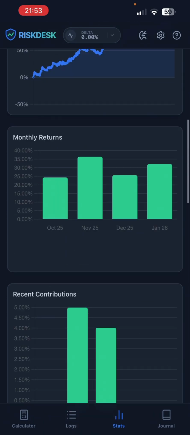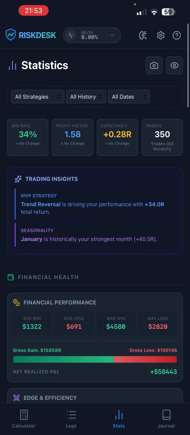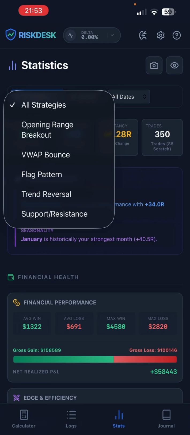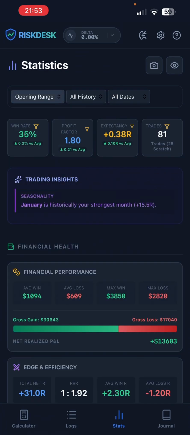Now, all good statistics, but what makes it better is that you can slice it in different ways. So the strategies that you defined, do you want to find out how you're performing on opening range breakout strategies? If that's something you take, fine, filter it. You can see what your win rate is.